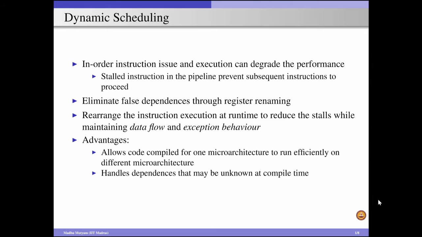And the second advantage with dynamic scheduling is that it handles dependencies that may not be known at compile time. And the third advantage with dynamic scheduling is that the processor can tolerate unpredictable delays.